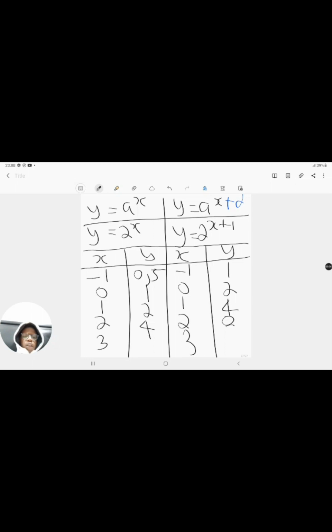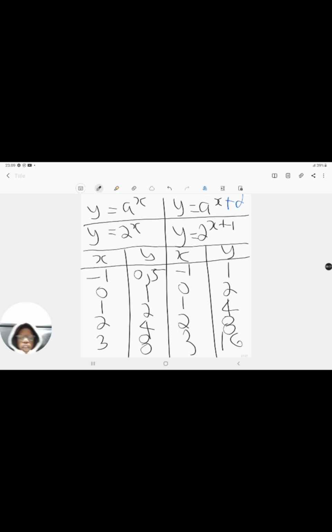For x equal to 3, 2 to the power of 3 is 8, and 2 to the power of 3 plus 1 is 2 to the power of 4, which is 16.